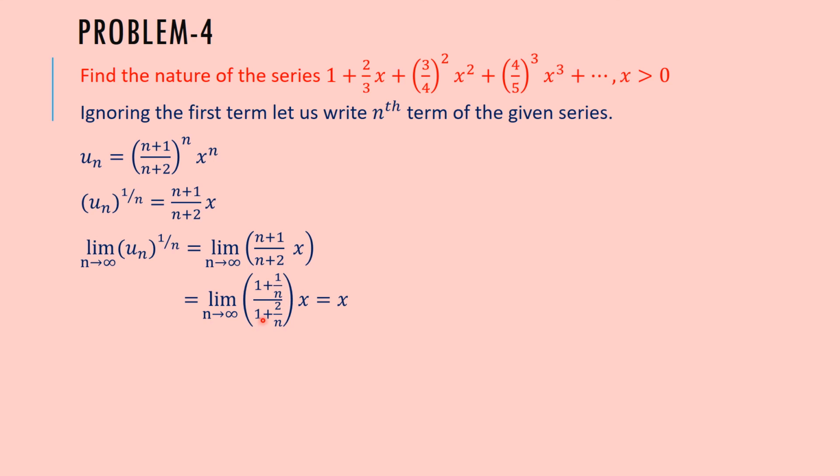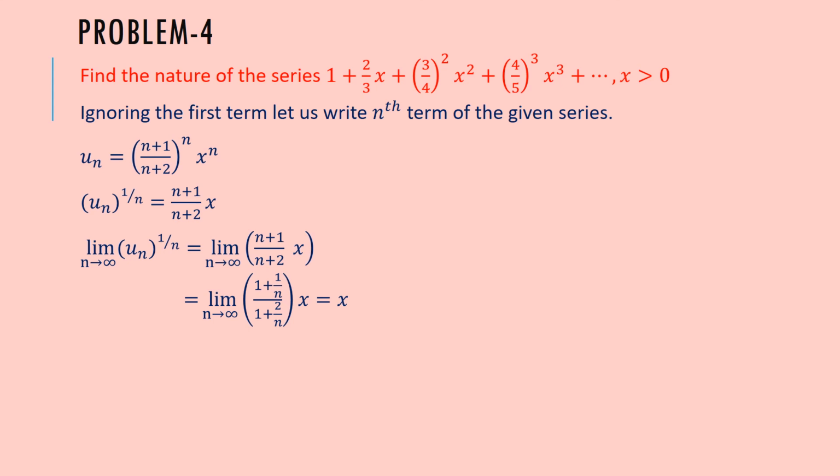So the numerator remains 1 plus 1 by n, and the denominator remains 1 plus 2 by n. When you apply the limit as n tends to infinity, in the numerator limit of 1 is 1, limit of 1 by n is 0, and in the denominator limit of 1 is 1, limit of 2 by n is 0, and x is there. So this is 1 by 1 into x, which is x. So we get the limit value as x.